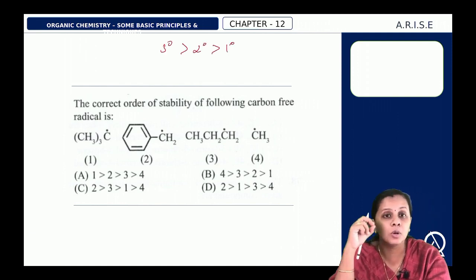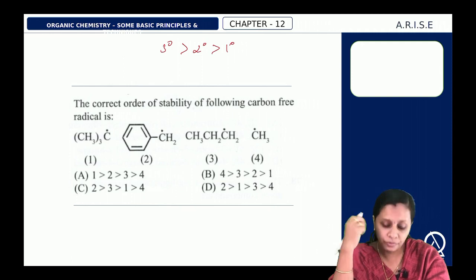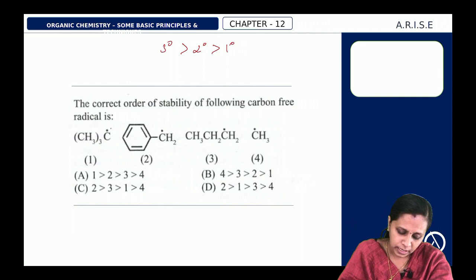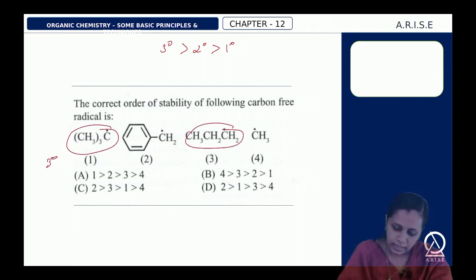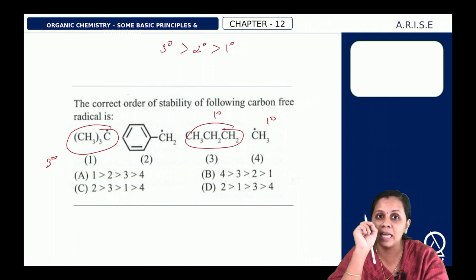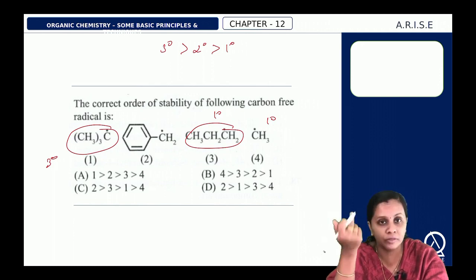That is the correct order of stability of free radicals. So let us consider these free radicals. This is the tertiary free radical, this is the benzyl free radical, this is primary and this is primary. Free radical stability is also based on hyperconjugative structures. Greater the number of hyperconjugation, greater will be the stabilization.